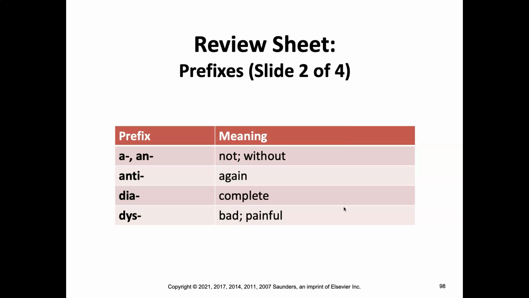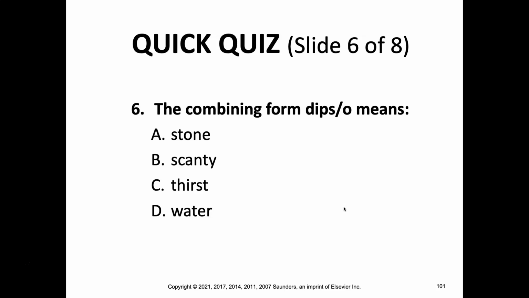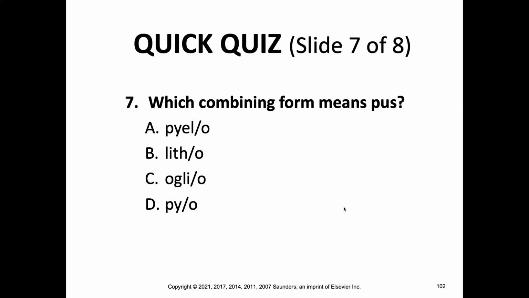Notice anti. It's not just against, but it can be an again. Oops, ran past that one. Combining form, dipso. What does it mean? Dipso. And let you figure that one out.